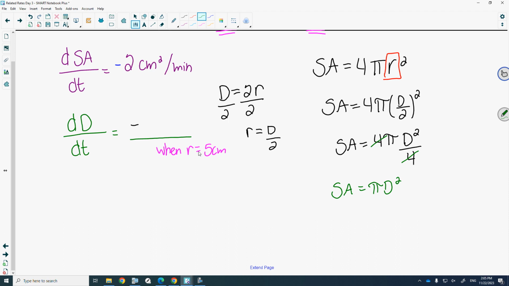They want me to calculate when the radius is 5 centimeters, but I no longer have radius is 5 here. So if the radius is 5, what diameter do they want that at to be? 10. Because I got rid of radius, I now know that the diameter is going to be 10 centimeters. So I'm calculating when the radius is 5, which is the same thing as diameter of 10. And I want that because I've created my formula to reflect surface area and diameter.